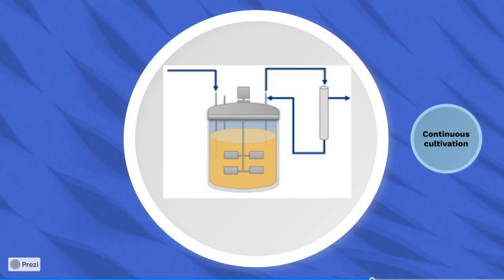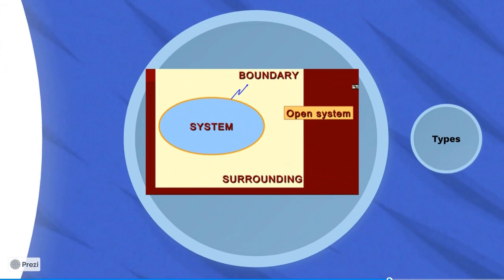A typical bioreactor used for continuous cultivation systems is shown, wherein fresh culture medium is fed into the reactor at a constant flow rate, and the product and the unused medium are continuously taken out from the system at a typical flow rate.